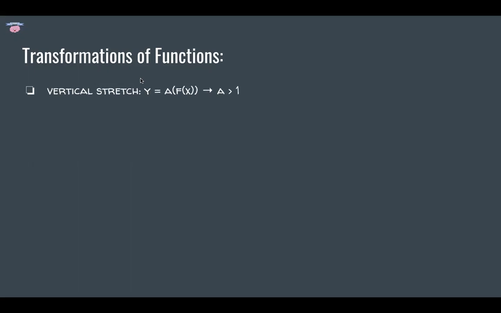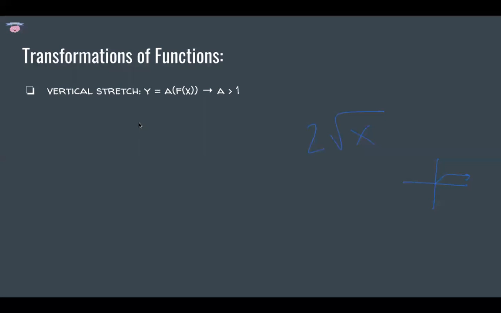So vertical stretch. If we're given something like, let's just take the squared example. If we're given this, then we add a number in front of here, we multiply it to the function such that it's greater than 1. And what this does is basically it stretches it vertically, in case you didn't know. So if the previous one was this, the new function would be something like that.